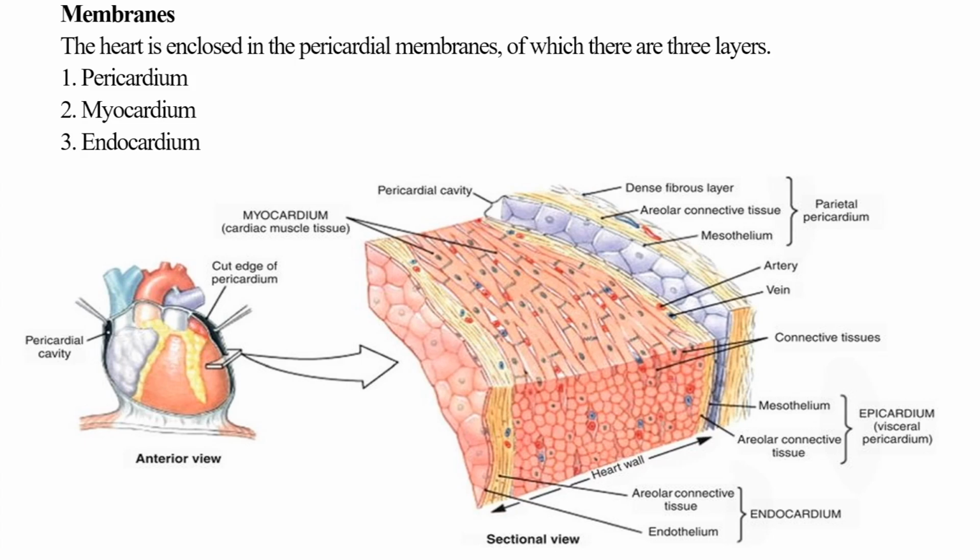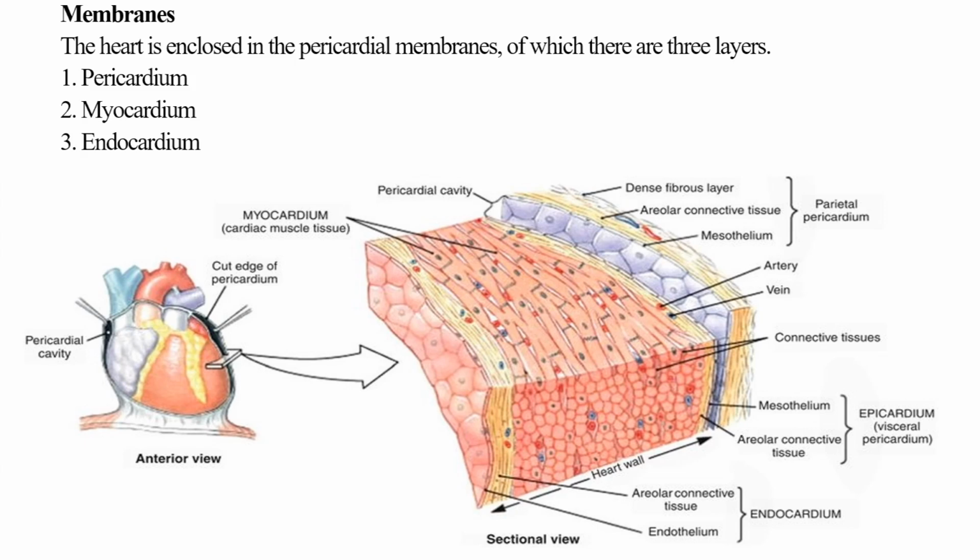The pericardium, the outermost layer, further consists of two layers. The outer pericardium consists of fibrous tissue, that's why it is known as the fibrous pericardium, and the inner pericardium consists of serous membrane, which is known as the serous pericardium.